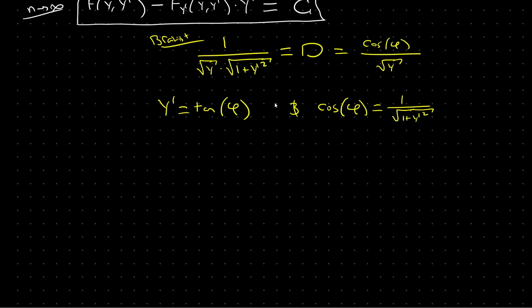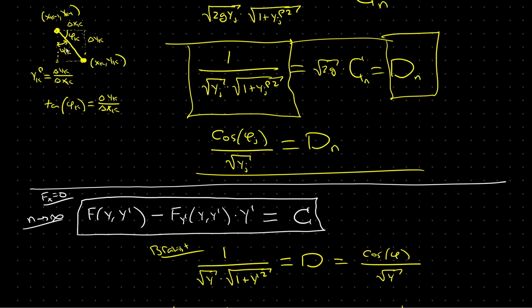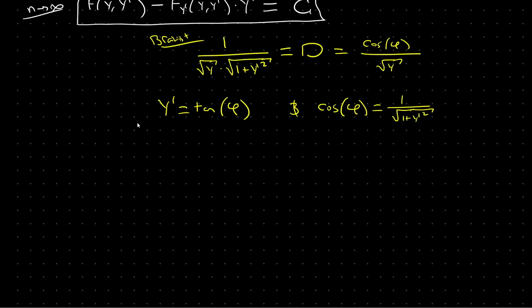The relationship between tangent of phi and the angle psi is that y prime is equal to cotangent of psi, because the angle psi is pi over 2 minus phi.